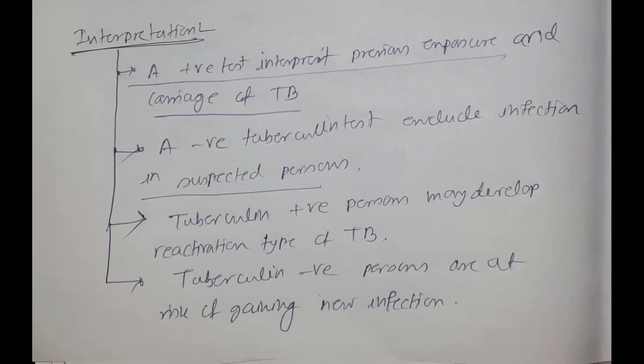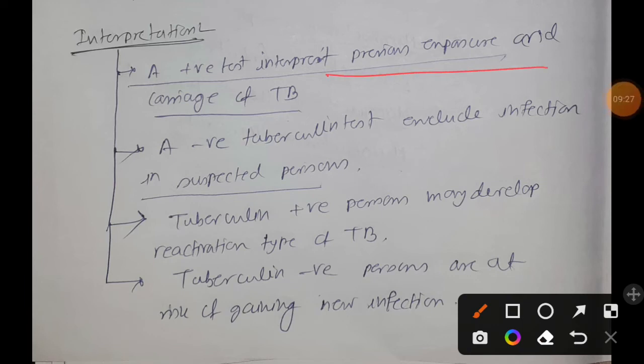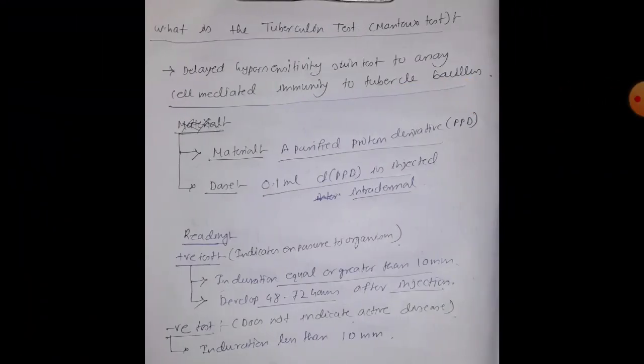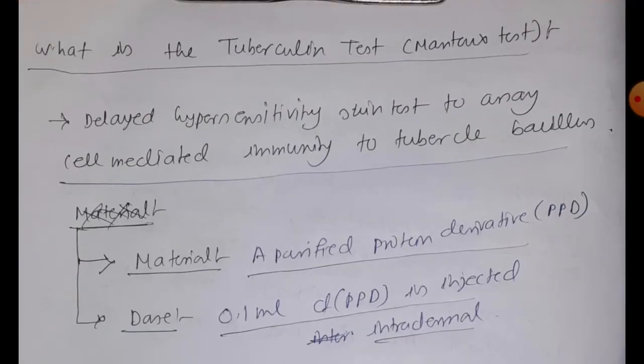So a positive test interprets previous exposure and carriage of TB. A negative tuberculin test excludes infection in a suspected person. A tuberculin positive person may develop reactivation type of TB, and a tuberculin negative person may be at risk of developing new infection, okay. So that is the idea of the tuberculin test, or commonly known as the Mantoux test.